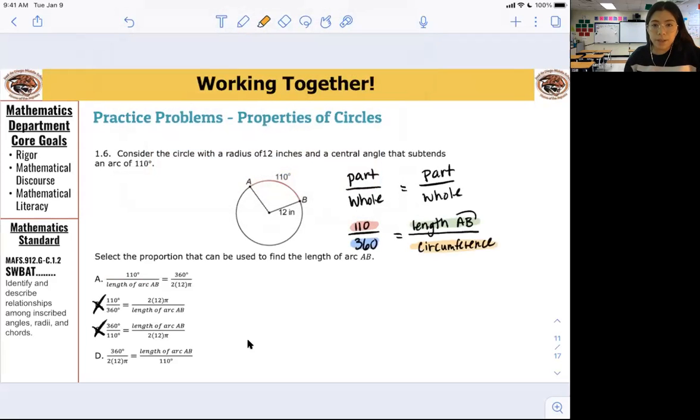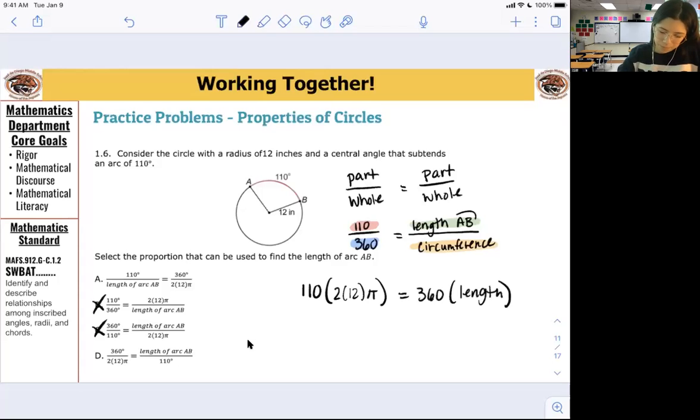I'm gonna cross multiply really quickly, and then do something else. I'll write circumference as 2 times 12 pi, like they did. I'm going to keep everything the same color.